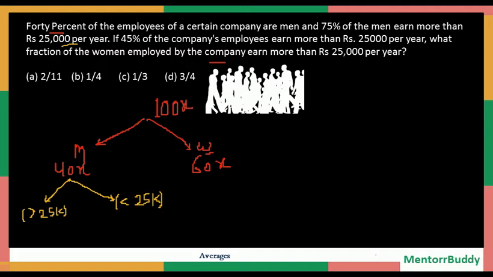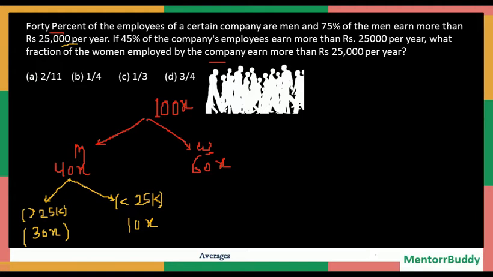So 75% will be 3 by 4 of 40x, that will be equal to 30x. So 30x out of 40x are earning more than 25,000. So the remaining 10x will be earning less than 25,000.